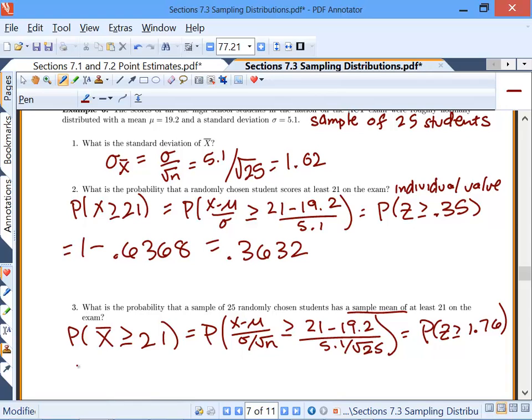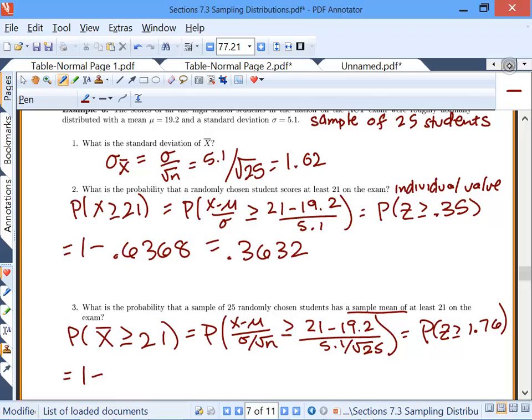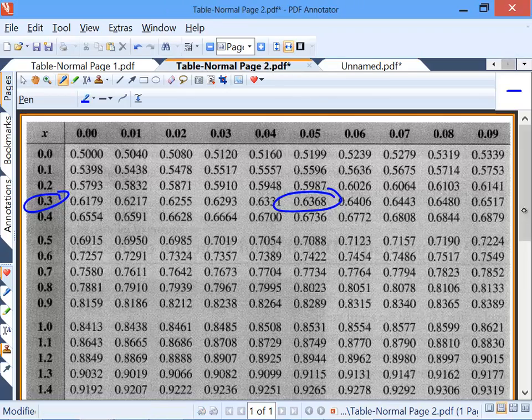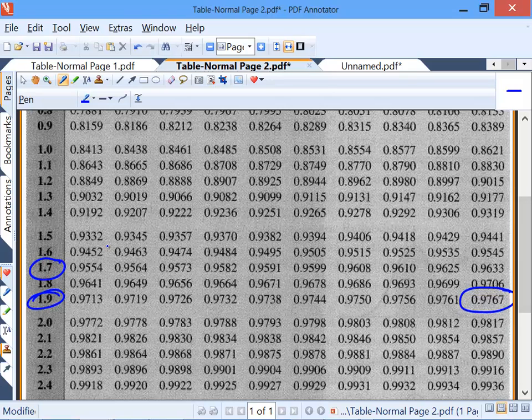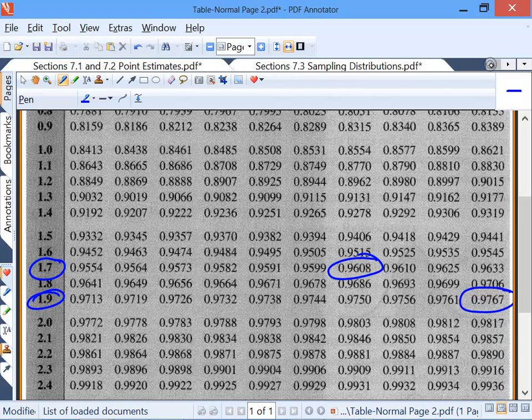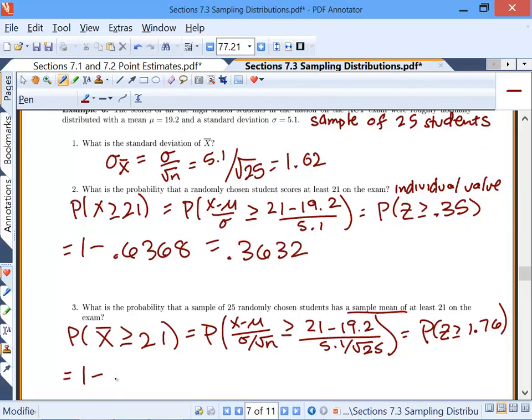Now again, I'm going to need to use the complement rule. So this equals 1 minus, so I'm looking for a z of 1.76 now. So I need to go down to 1.7, and then over 6. So it looks like it's 0.9608. But again, that's the area to the left. I wanted the area to the right.